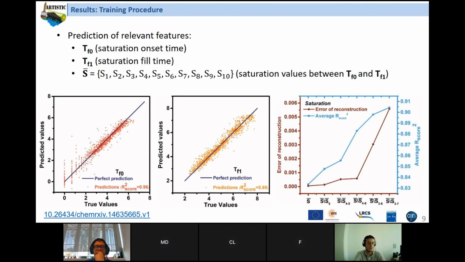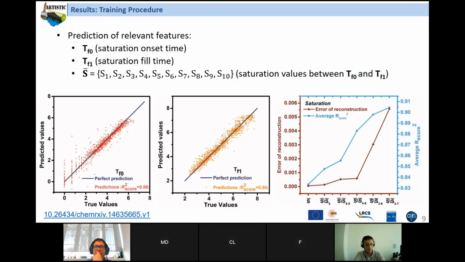So it basically means that if we consider the saturation curve to be a continuous function, and we are discretizing the points and trying to predict discretized points in this continuous function, the fewer points that we have, the worse the interpolation will be for this function, right? So we are basically incrementing the error for reconstructing the original saturation curves.